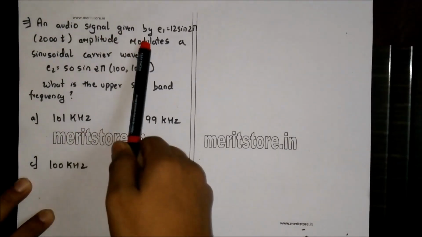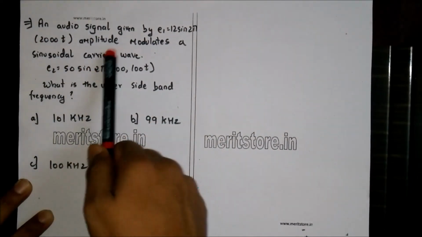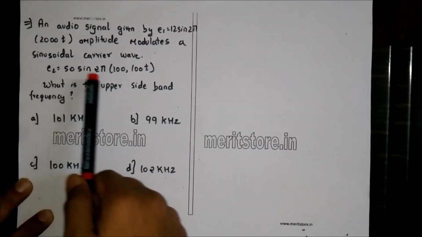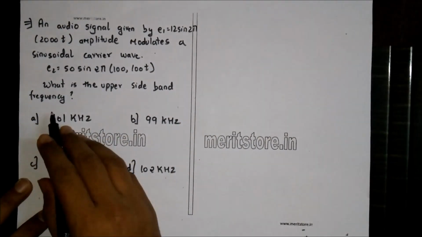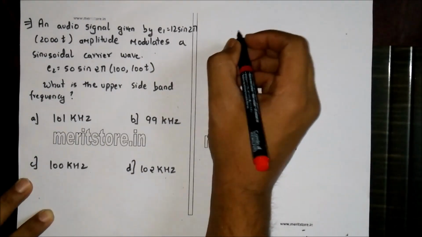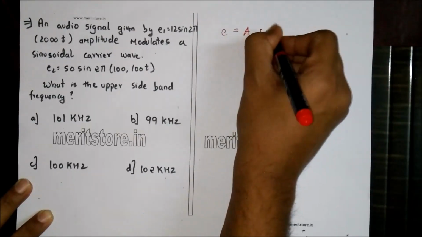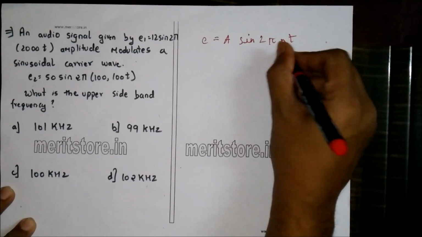An audio signal given by E1 is equal to 12 sine 2 pi 2000t amplitude modulates a sinusoidal carrier wave E2 is equal to 50 sine 2 pi 100,000t. What is the upper sideband frequency? Now, the standard equation is given by E is equal to A sine 2 pi nt, where n is the frequency.